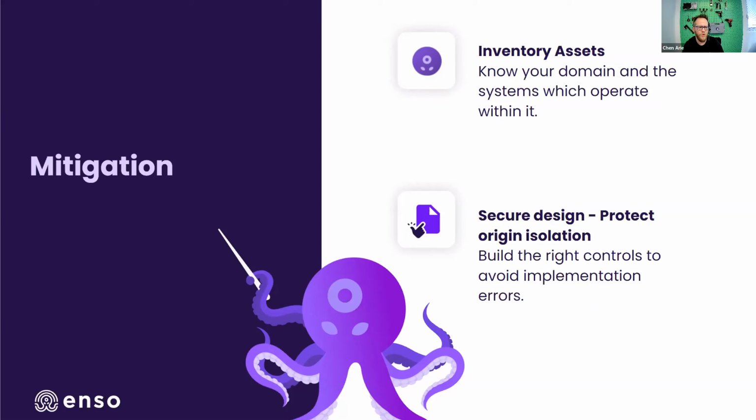The resources that you're pointing to can change, your records can change, and it's something that has to happen systematically and continuously. And this is why you have to run through a continuous process of asset inventory. You have to know your domains, understand how you're using names, and where your weak points are in terms of origin isolation.